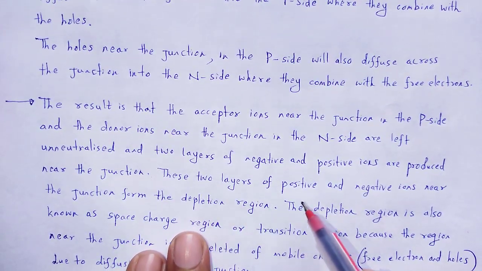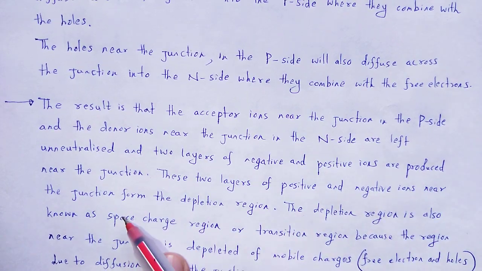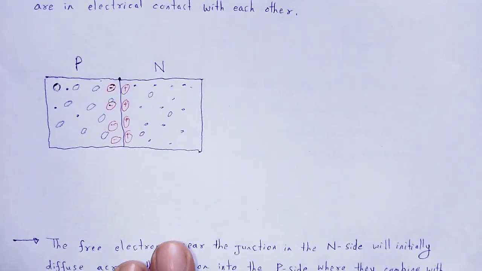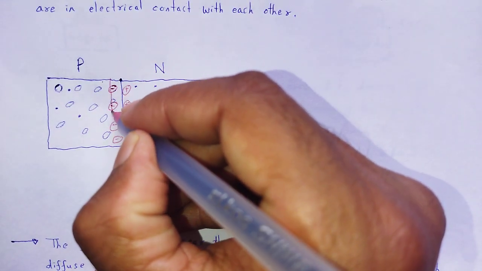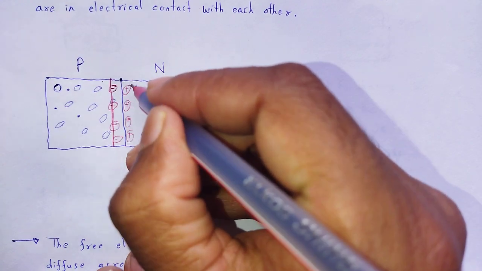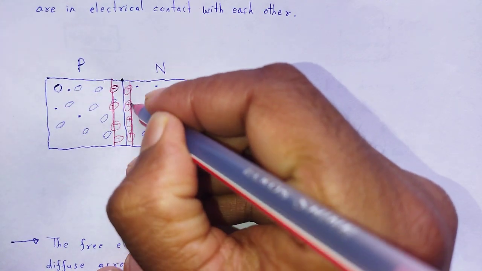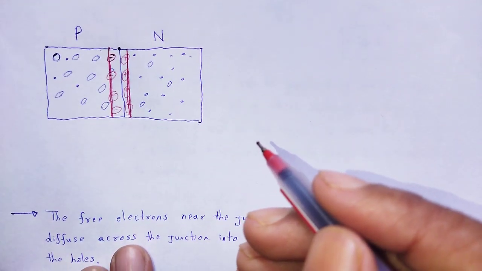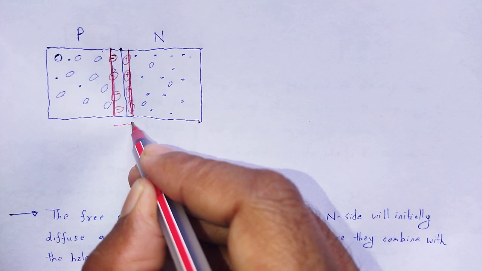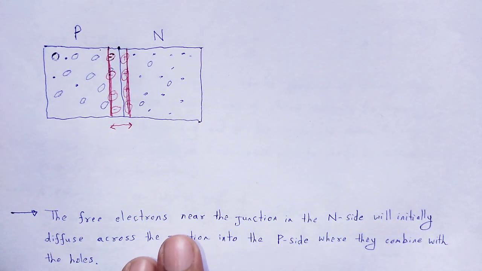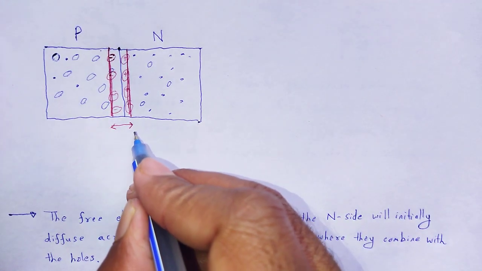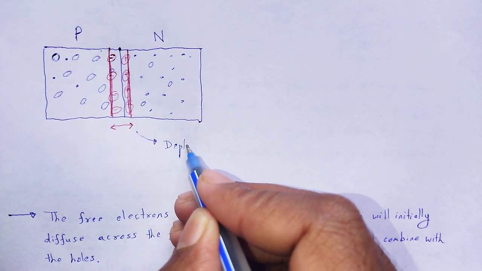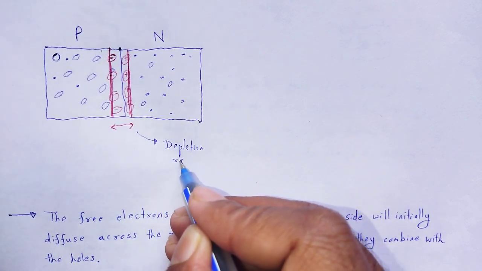These two layers of positive and negative ions near the junction form the depletion region. Here the two layers, one layer of negative ions, one layer of positive ions, and that portion is known as the depletion region.